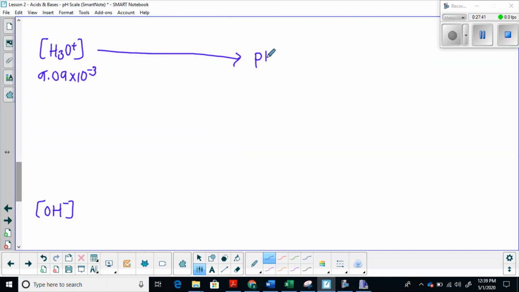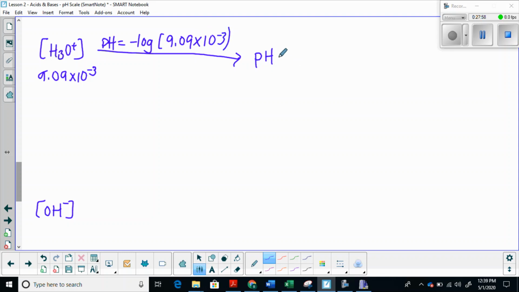So to turn this into pH, you are going to go pH is equal to negative log of 9.09 times 10 to the negative 3.